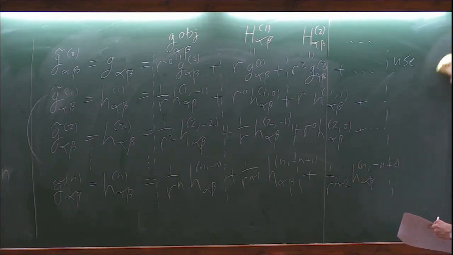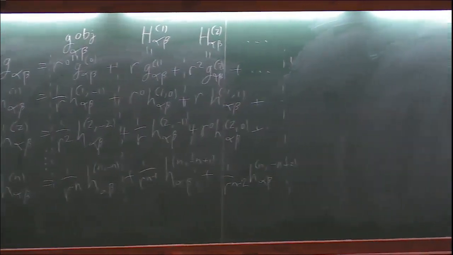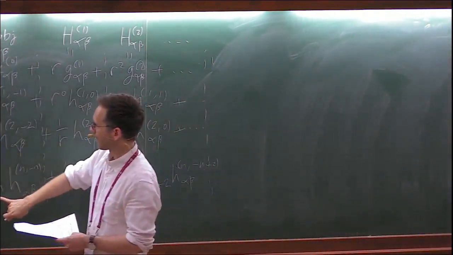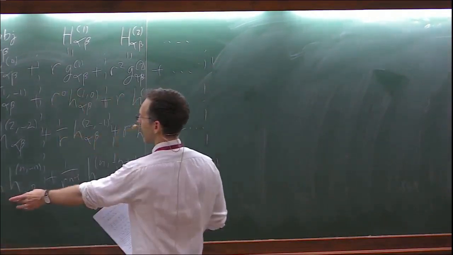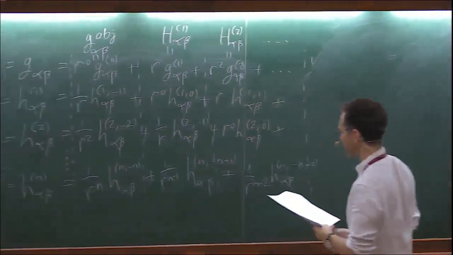So the main thing to get out of that is the fact that that first column, which is the highest power of 1 over r in the outer metric perturbations, every term in that corresponds to a term in the small object's metric.